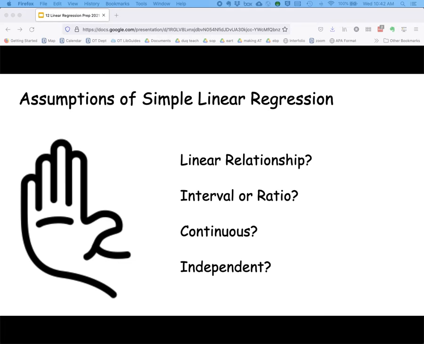Some of the assumptions that need to be true before you can use simple linear regression. So we can only do this if you've got one predictor variable, one variable that you think you can use to predict the value of some outcome variable, which is, again, not the same thing as cause.